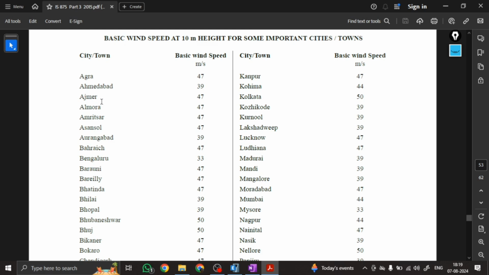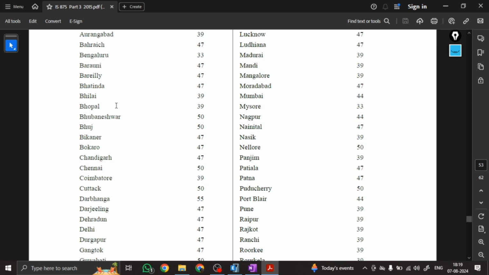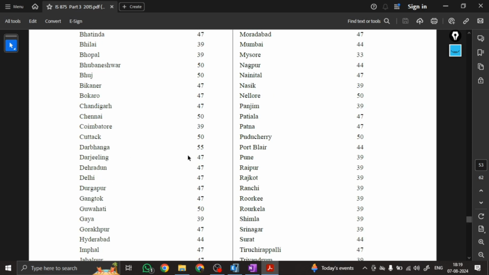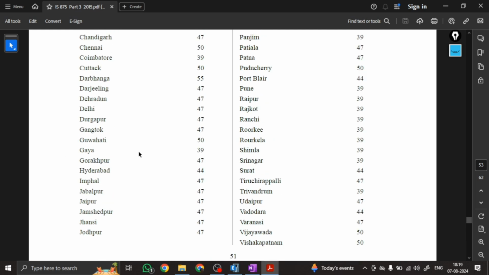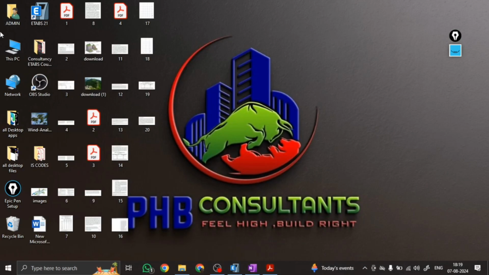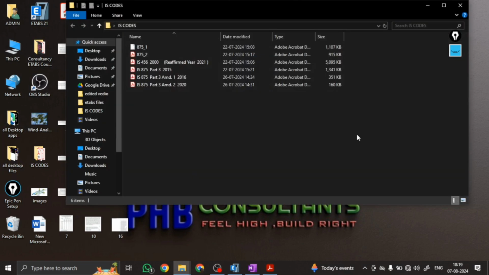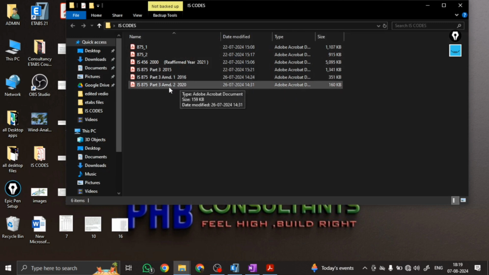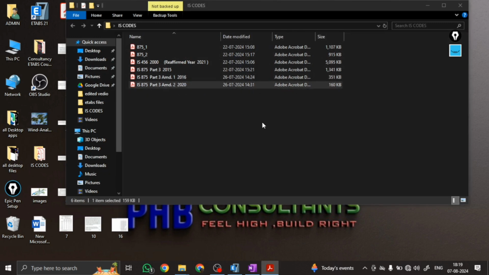We can classify according to that figure 1 India map, or if you have a city or town which is major, then you will get the wind speed here in Annex A. Some were introduced in the newer amendment, which is IS 875 part 3 amendment 2.